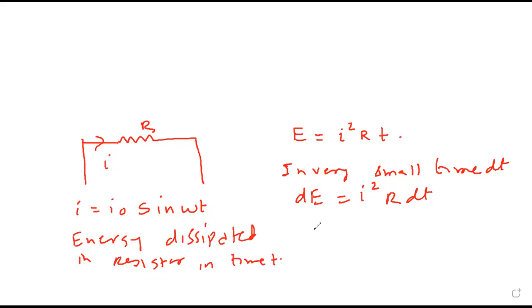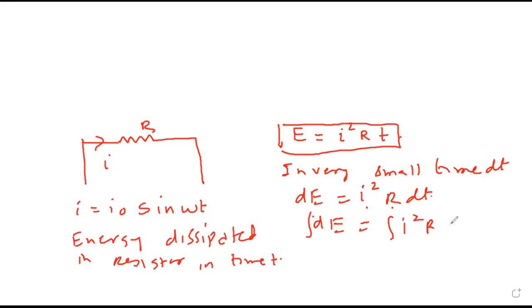But our current is varying in nature. So for a very small interval I is assumed constant, R is constant. So integration of dE will be integration of I square R dt or not? So total energy is E, R is constant, integration of I square dt.